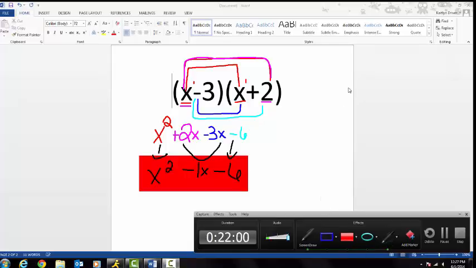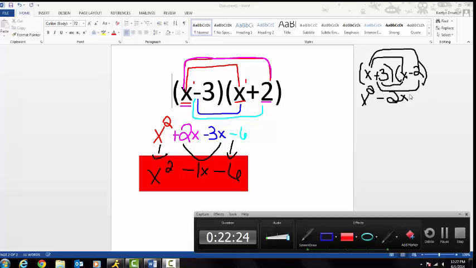Now about the x plus 3 and x minus 2. This is going to be x squared minus 2x, and then you have these, and it's going to be +3x minus 6. -2 plus 3 equals, I'm sorry, I'm having a moment here.